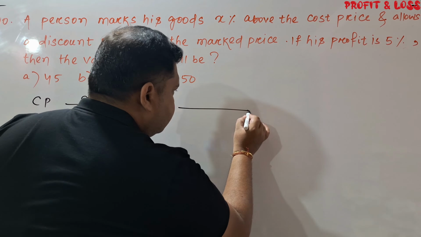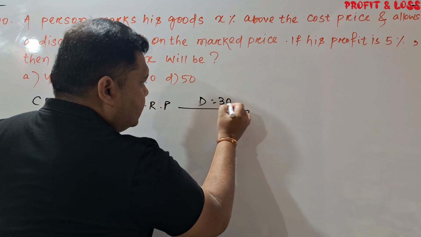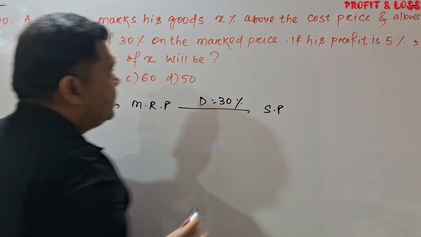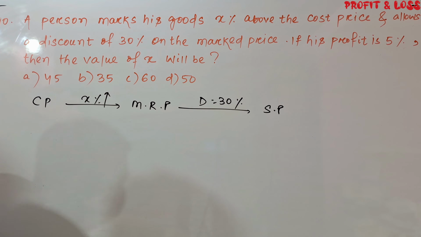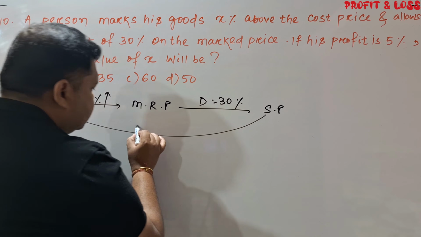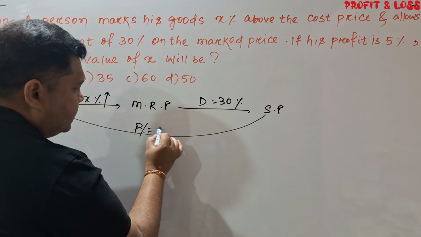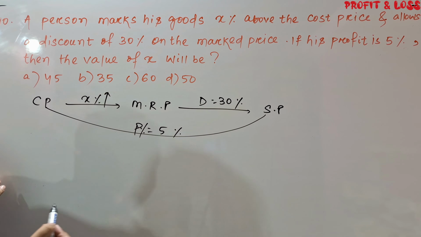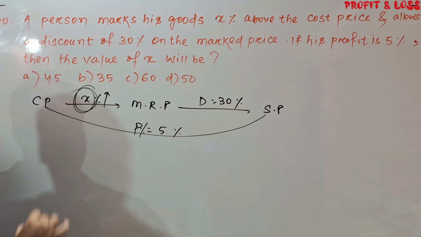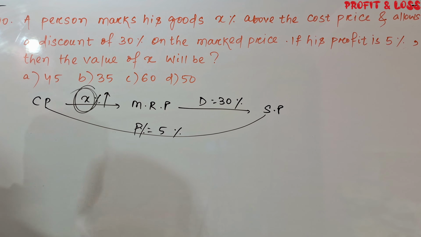So after the discount the price you will get is nothing but the selling price. Then his profit percentage is 5%. Question is find the value of X, the markup percentage.